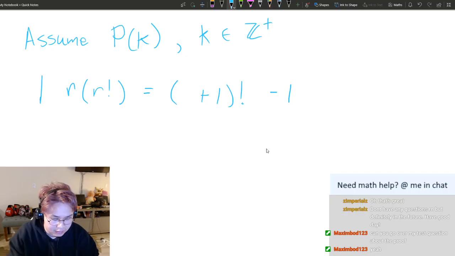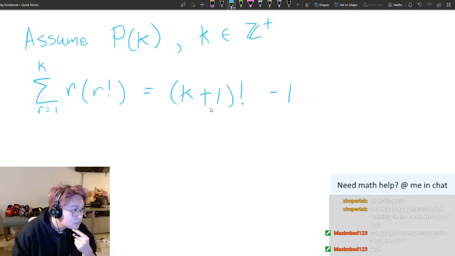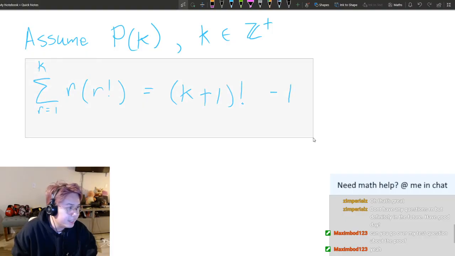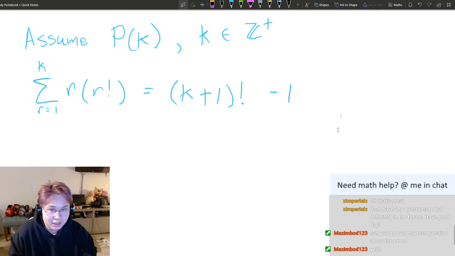So this is, on the left, the sum from 1 to k. And then over here, the n value is now k. So we take this as a fact because we're assuming this is true. And then now we try to prove the case for k plus 1.